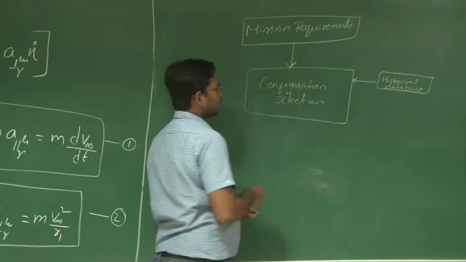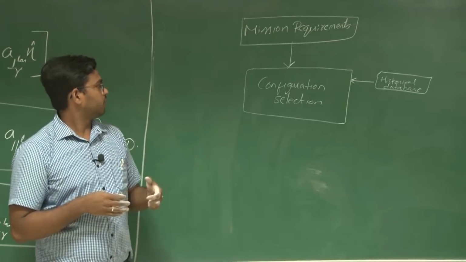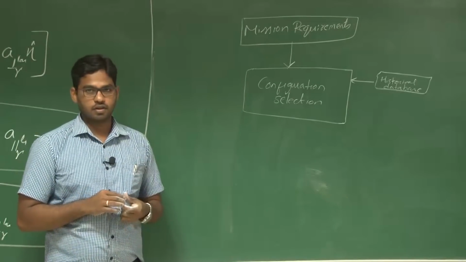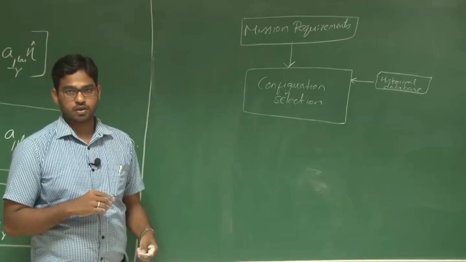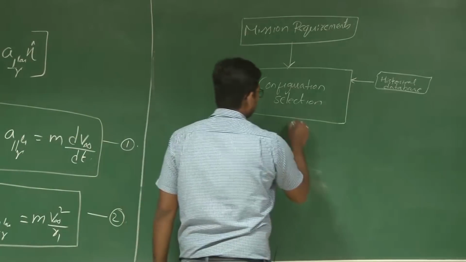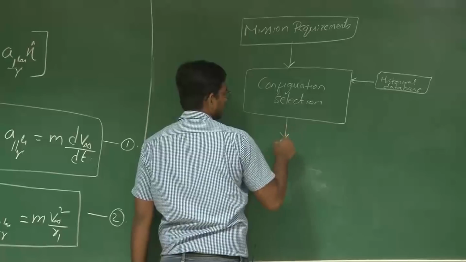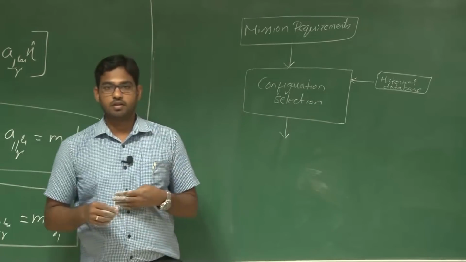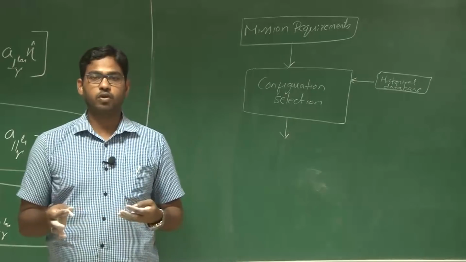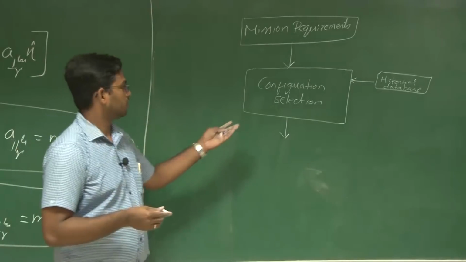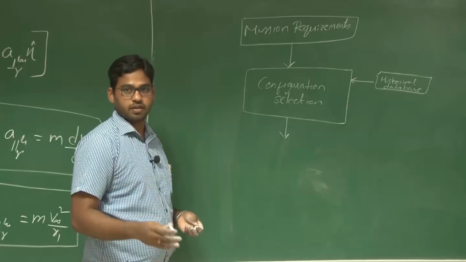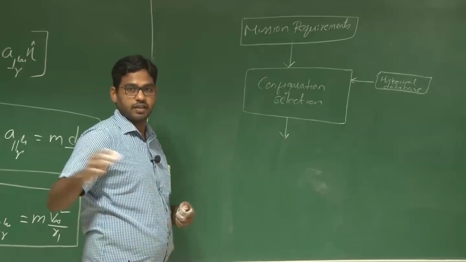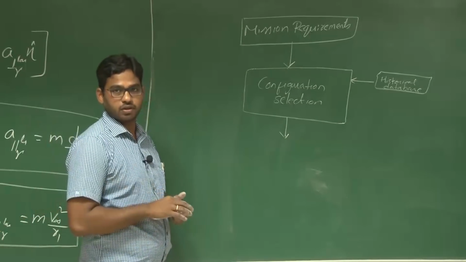So in this course we'll look at glimpses of all these things, right? Whatever we are going to discuss in this flowchart. So once you select the configuration, the output here is a three-dimensional 3D model, right? A 3D model, where you have the aerofoil selection and the wing planform geometry and the tail sizing and the control surface sizing.